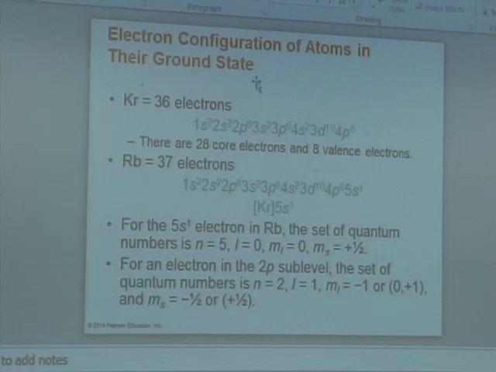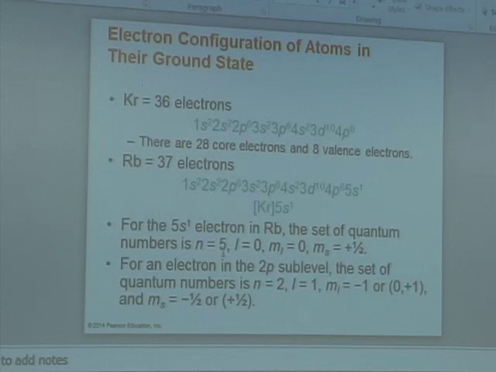So when we write down the electron configuration for rubidium, we write down the bracket, the noble gas before it, krypton, 5s1. And so for the 5s1 electron in rubidium, the quantum number would be n equals 5, right? Starting with hydrogen, 1, 2, 3, 4, 5.